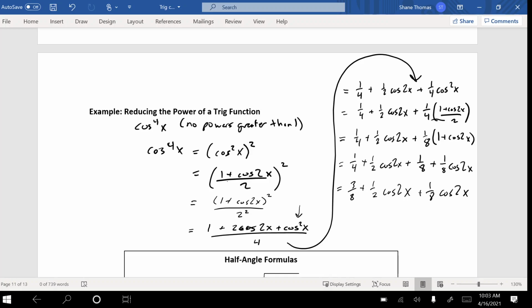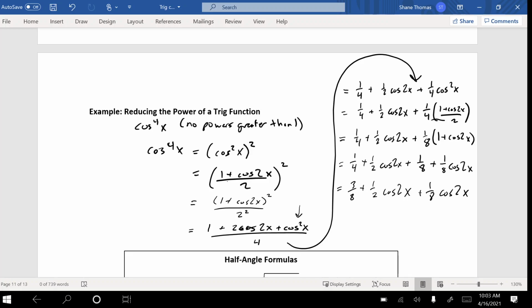All right, questions on this one, guys. Okay, all we did was replace, simplify, replace, simplify. That's all we really did there. You will have to, in your homework, take one or two of these and rewrite it as a first power. Okay.